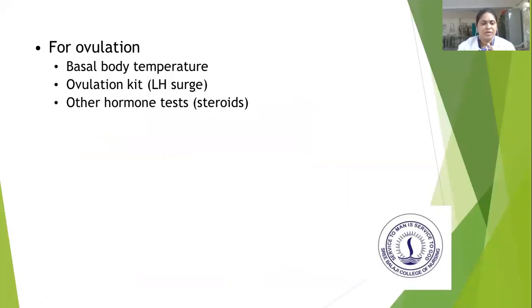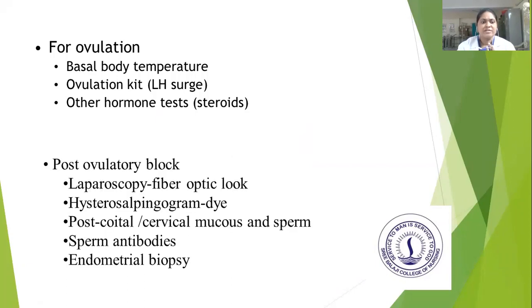Through the basal body temperature, the ovulation kit, or hormone tests like steroids, and post-ovulatory blocks like laparoscopic fibro-optic look and hysterosalpingogram with the help of dyes, post-coital or cervical mucus and sperm antibodies, and endometrial biopsy.